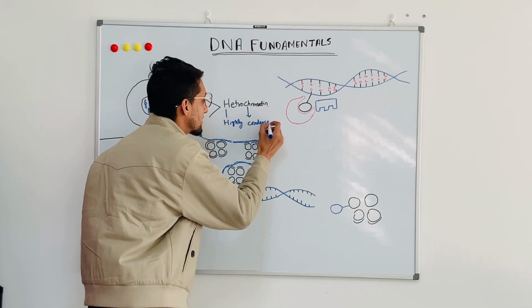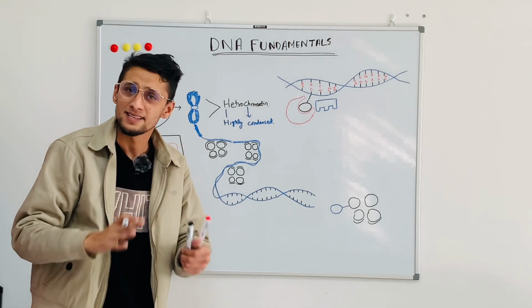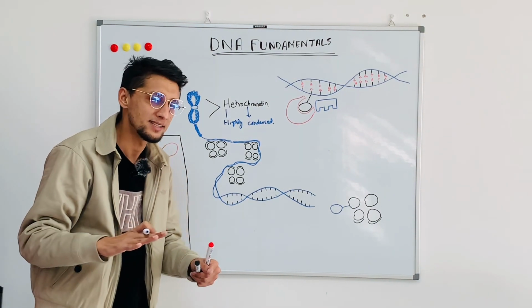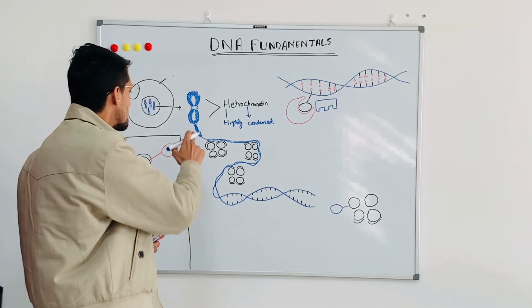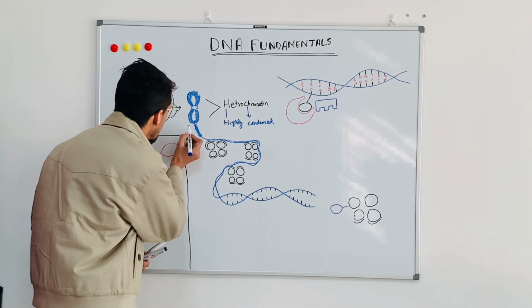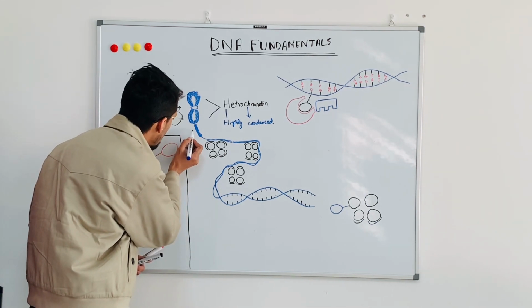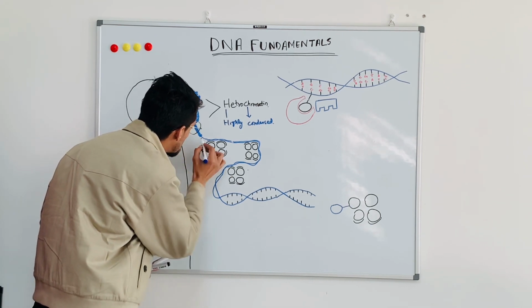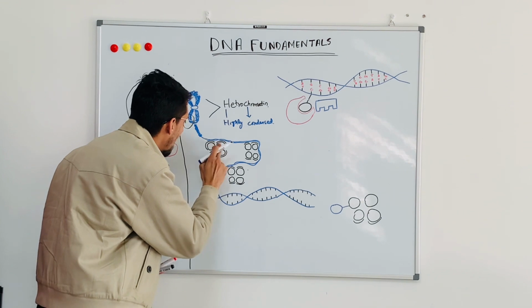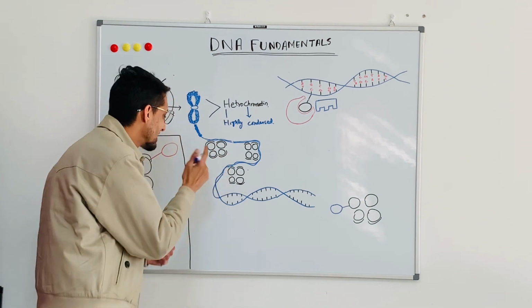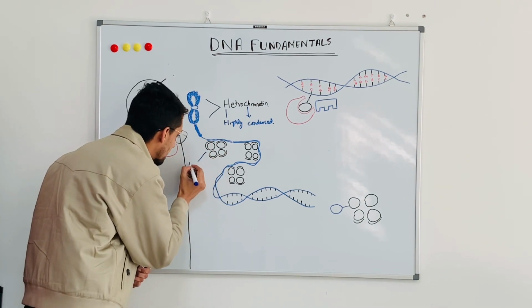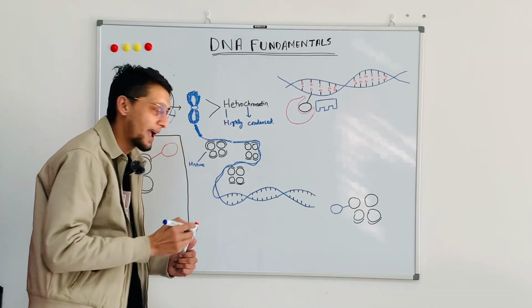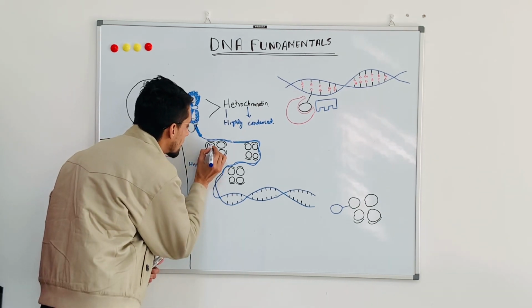Highly condensed, which means that the cell is not dividing at this stage, and the cell is not producing protein at this stage, right? So when you see it in a more open way, you'll find that the double helix loops twice around a protein, an octamer protein known as histone proteins, right? This is the histone protein. It is an octamer and has an overall positive charge.